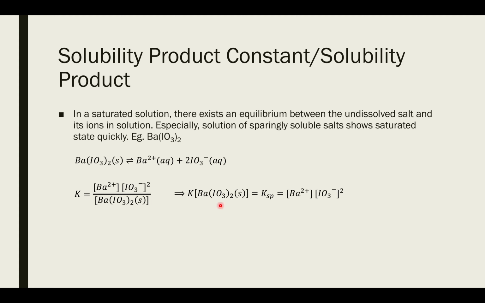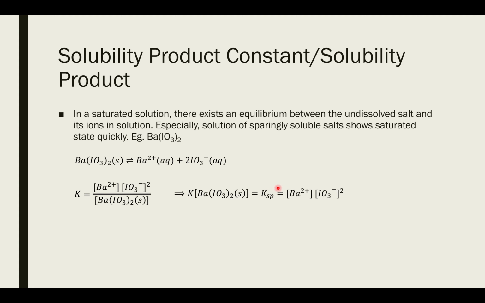So a new equilibrium constant expression comes, which is now defined by Ksp, which is nothing but called the solubility product. So solubility product is equal to the ionic product concentration in a saturated solution.